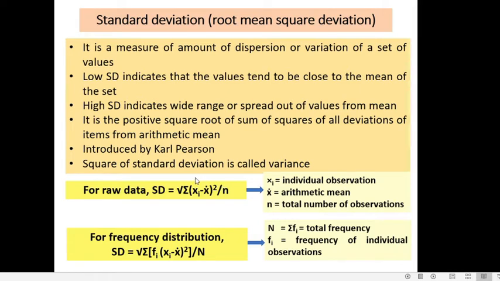This is how we calculate standard deviation for ungrouped or raw data, which is not distributed as a frequency table.